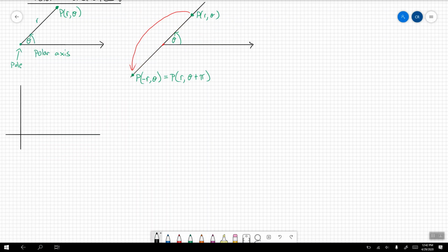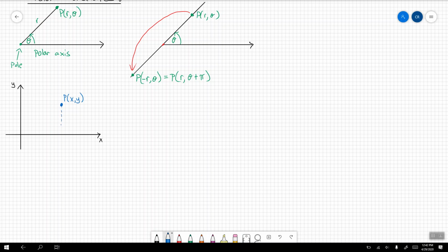Alright, so this is my y and this is my x. I'm going to identify a random point here on the screen. Let's say this is point x, y.